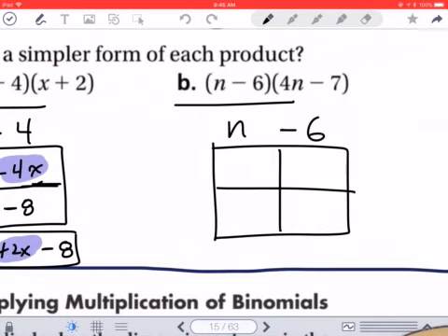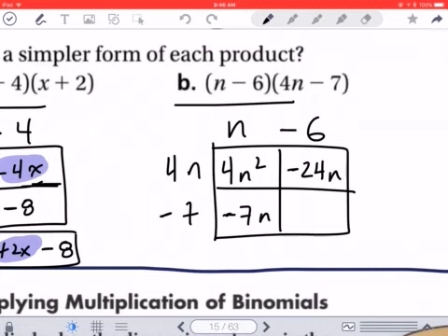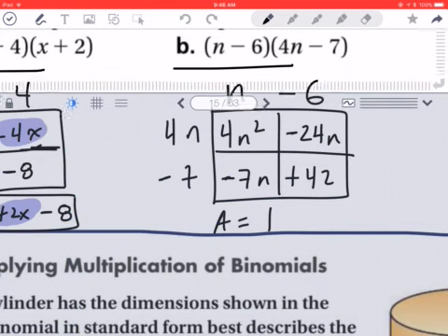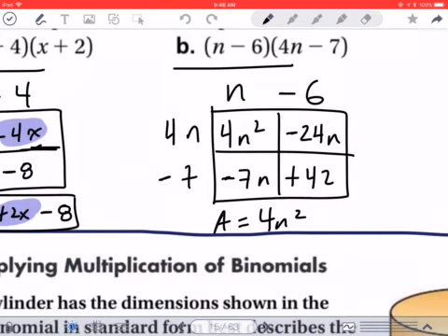I've got 4n minus 7 and n minus 6. So this is 4n squared minus 24n and minus 7n, and then a positive 42. When I simplify this, I got 4n squared, negative 24n and negative 7n. It's going to be negative 31n, and then I have plus 42.